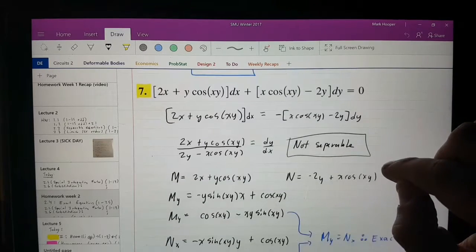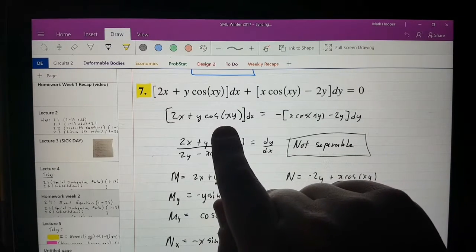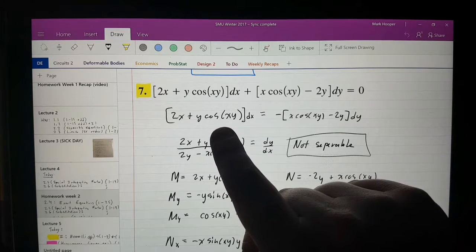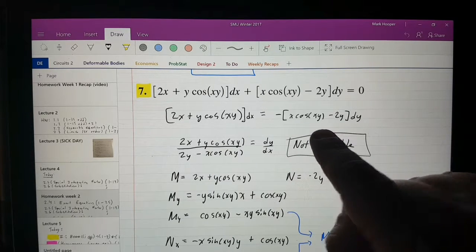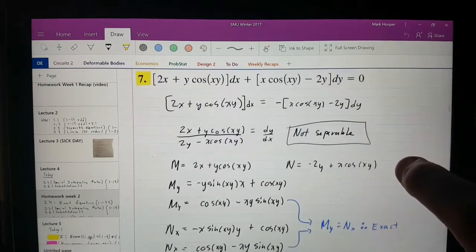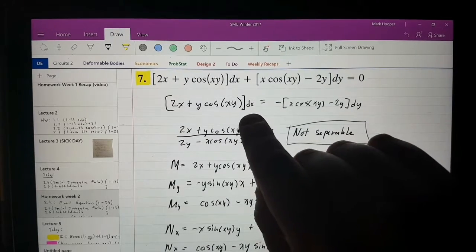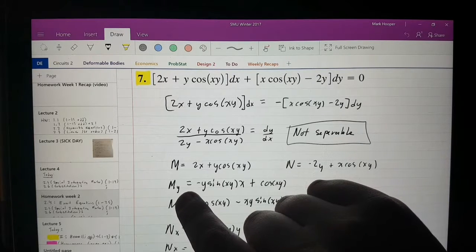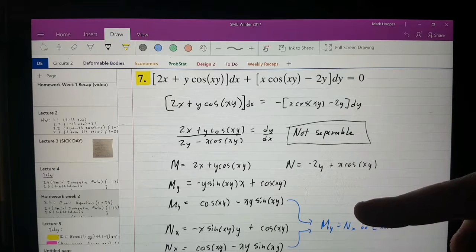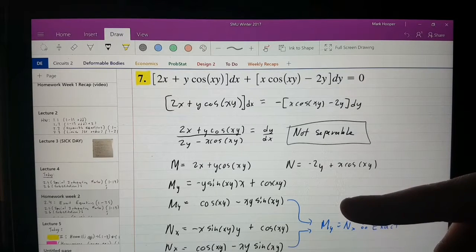So anyway, we're going to take M. It's going to be this one, and then N is going to be this one. The one that's multiplied by dx, you're going to take the derivative with respect to y, because of, I think it's called Fubini's theorem or something.